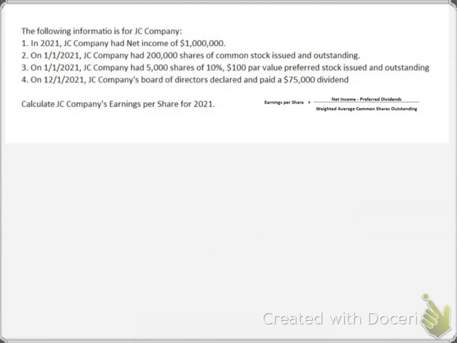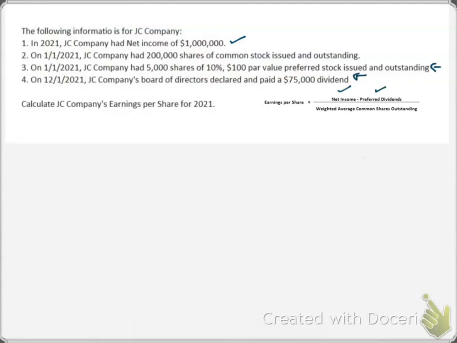First, let's look at the numerator. In the numerator, we have net income. Well, net income is already given to us. Net income is 1 million. Next, let's look at preferred dividends. Preferred dividends are discussed in items 3 and items 4.